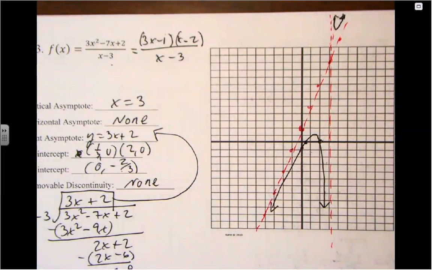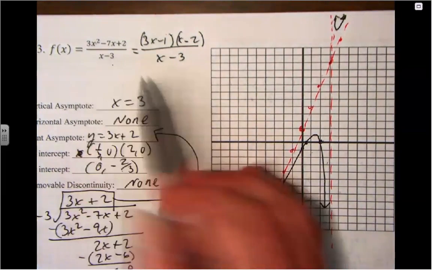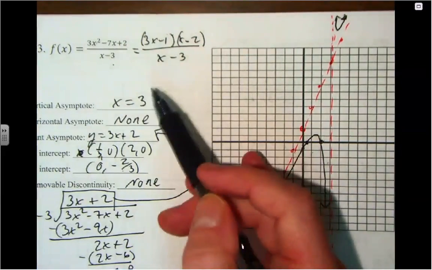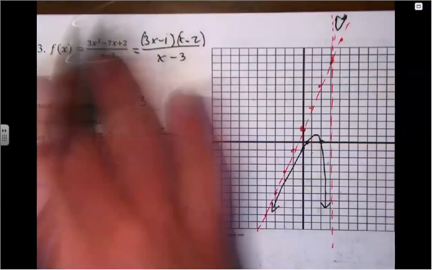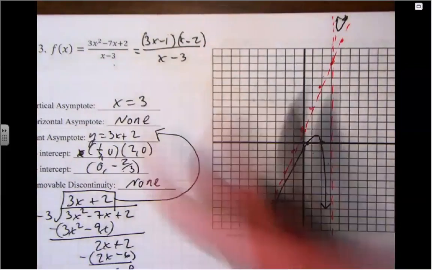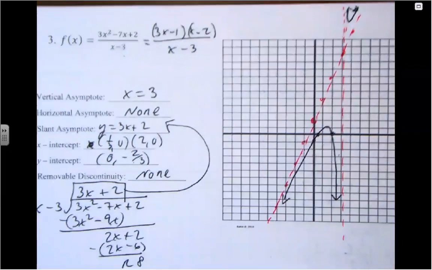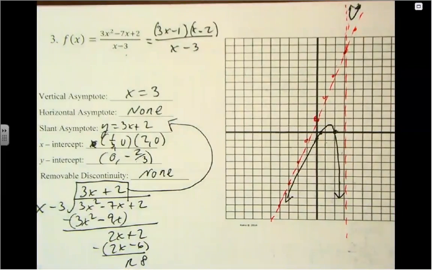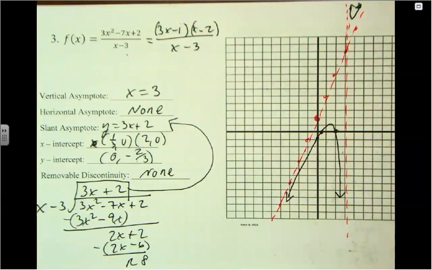Listen, I am not opposed to you using technology that you have available to you, such as Desmos, and checking to see that you have these things right. Now, just like we did on the polynomials test, we are going to write some questions to where the calculator may not be as much of a help.